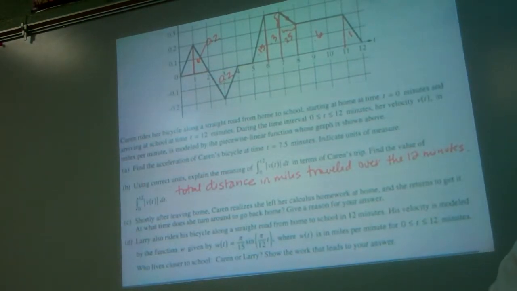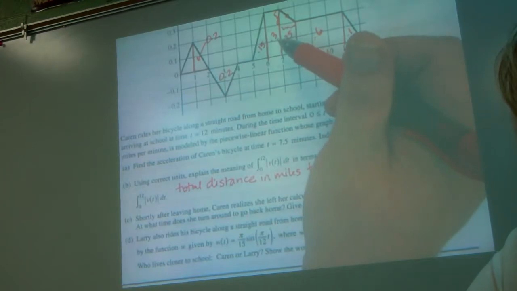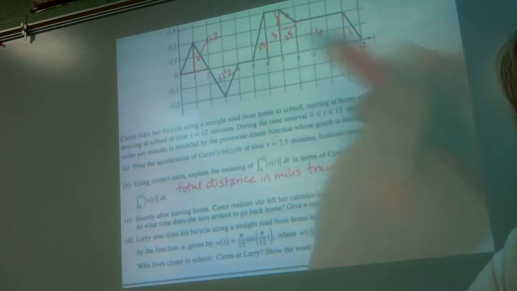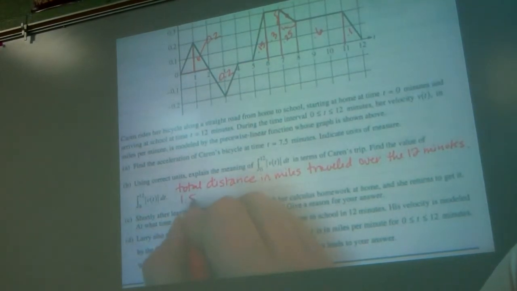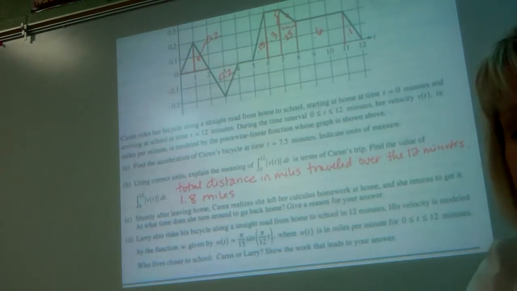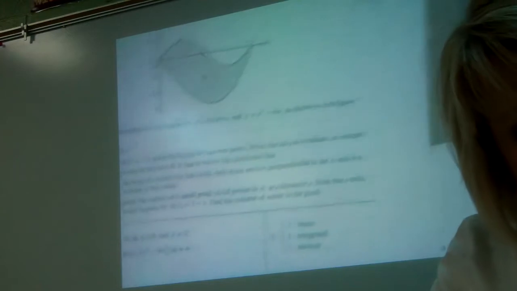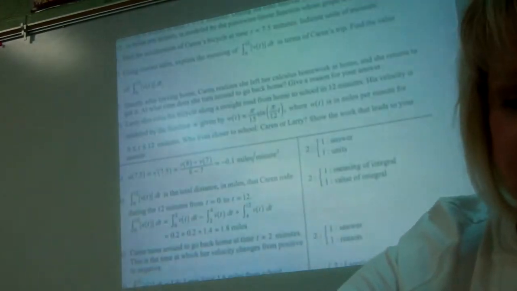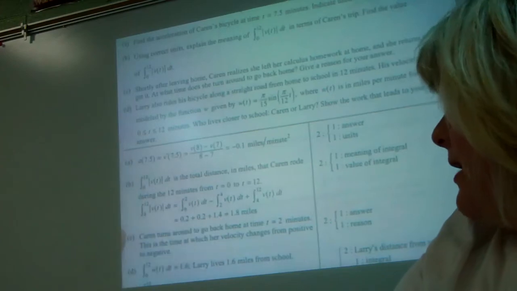So if we add all those up: 0.4, 0.55, 0.85, 1.1, 1.7, 1.8. Is that right? And this was the calculator portion, so I would highly recommend putting that on the calculator to make sure. So that's 2 points: 1 point for knowing that that was total distance traveled, and 1 point for finding the 1.8 miles.